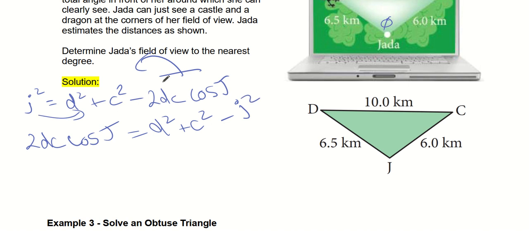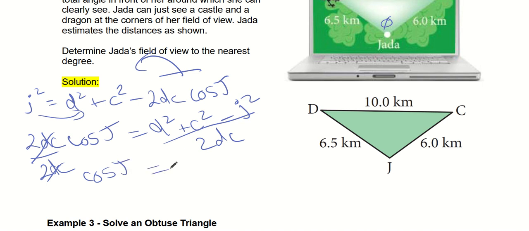I brought the j term to this side and this entire term to the other side, and then I'm going to divide both sides by 2dc. That cancels out, and I'm left with cos J equals d squared plus c squared minus j squared, divided by 2dc.